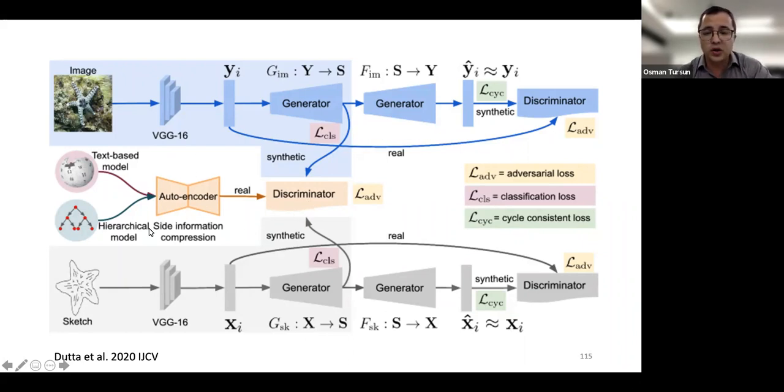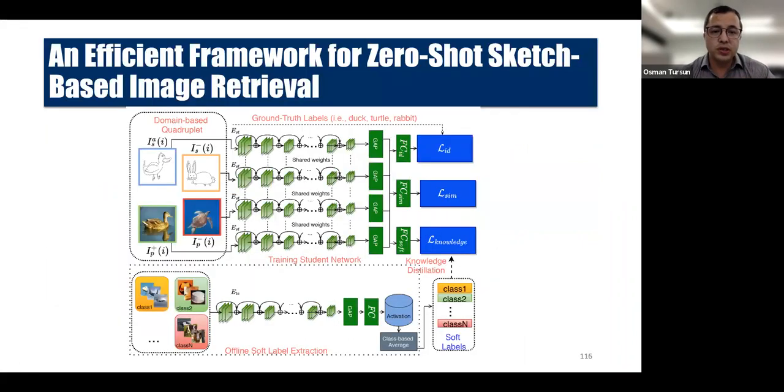So this training process is so expensive. It's hard to train. To combat this problem, again, we propose an efficient framework for zero-shot sketch image retrieval.